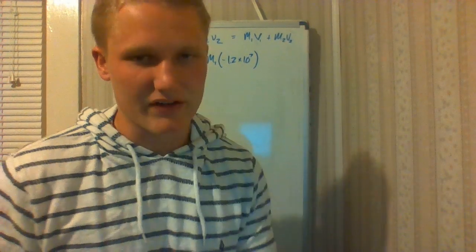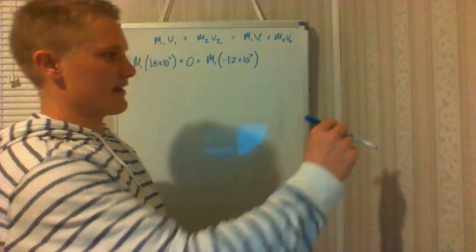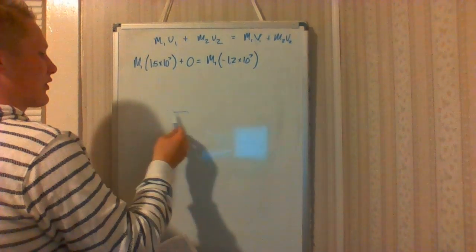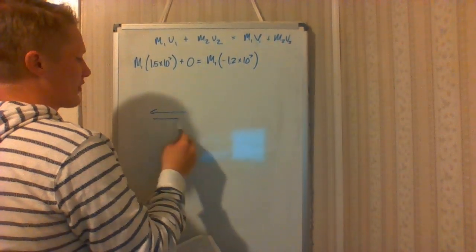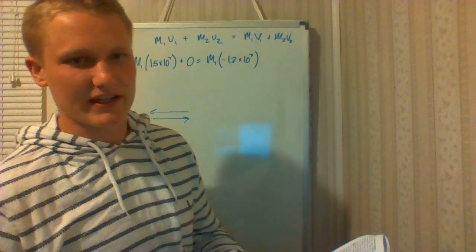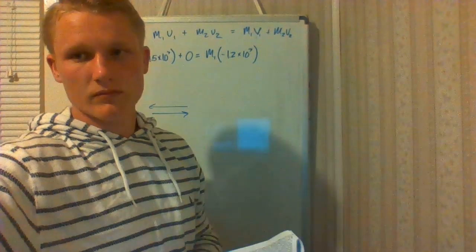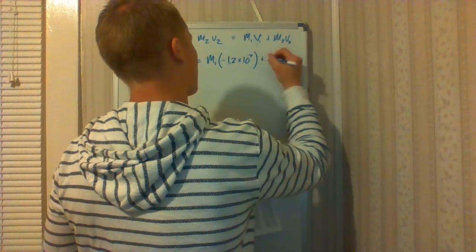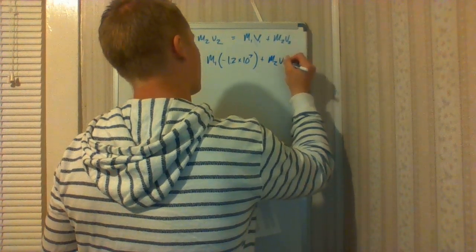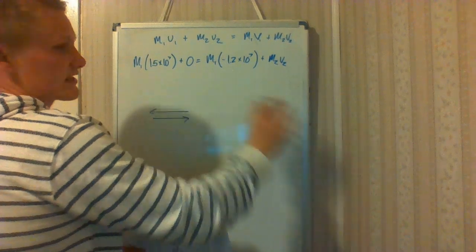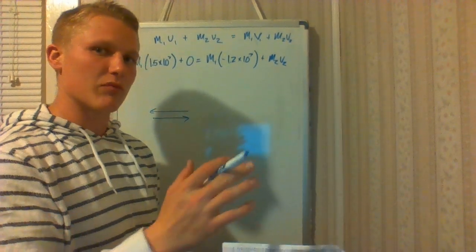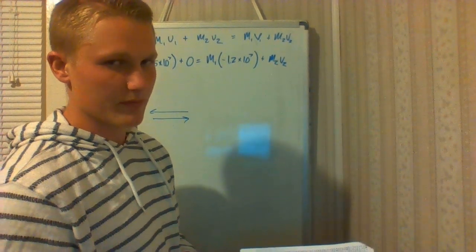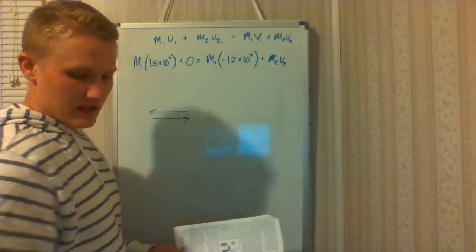The problem gave us just 1.2 because this velocity was measured going one way, and that's measured going the other way. It's negative. And we can finish that off with plus m2v2. Now, this is the equation that we're going to need to solve part B, but we're going to set it aside for a minute.